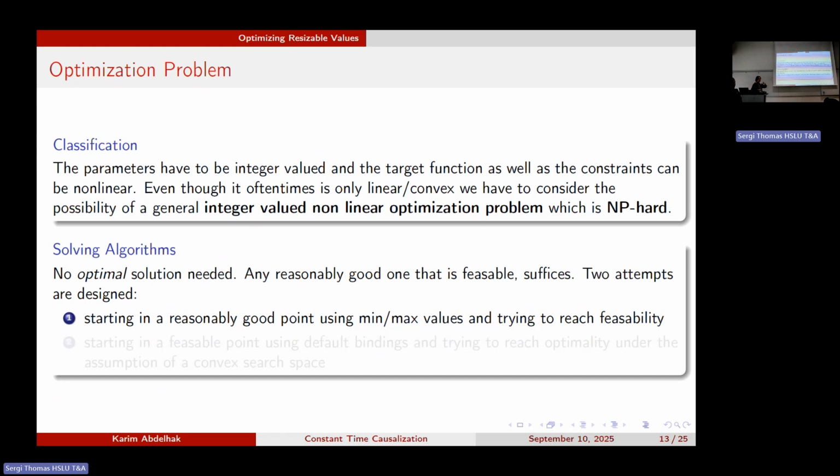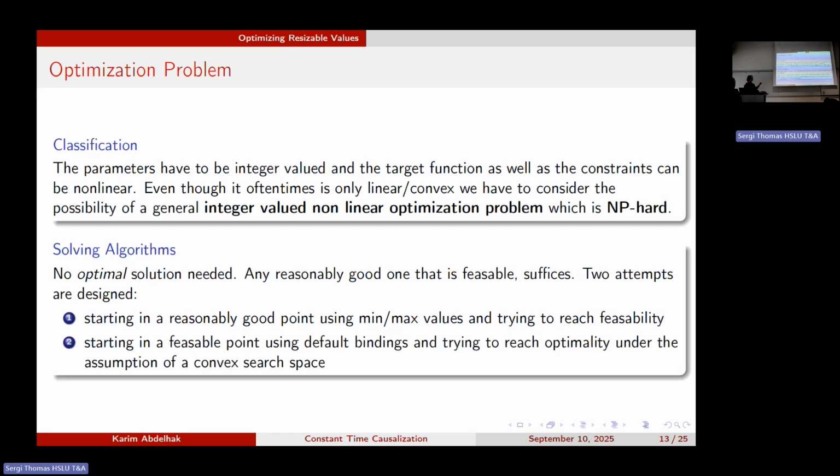Finding the solution isn't as hard. We used a simple hill climbing algorithm with two different approaches: starting at a reasonably good point, using min-max values that are defined and trying to reach feasibility, or the other way around, starting at a feasible point, using default bindings and trying to reach optimality. But it's not about solving the problem, it's about defining it.